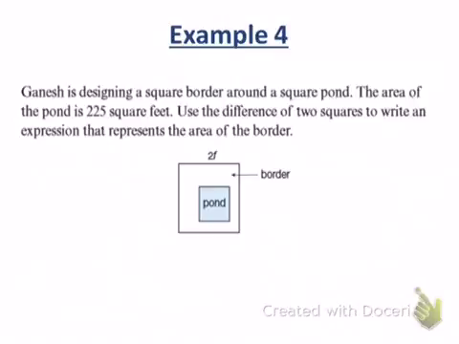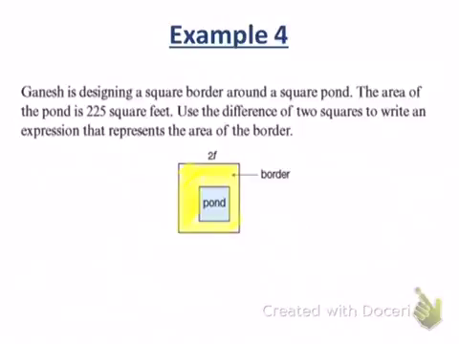It's preparing you for what you would see in geometry related to this. The area of the border. The border is the white part they're showing us here, the part that's outside the pond but inside the fence. So we want the area of that.